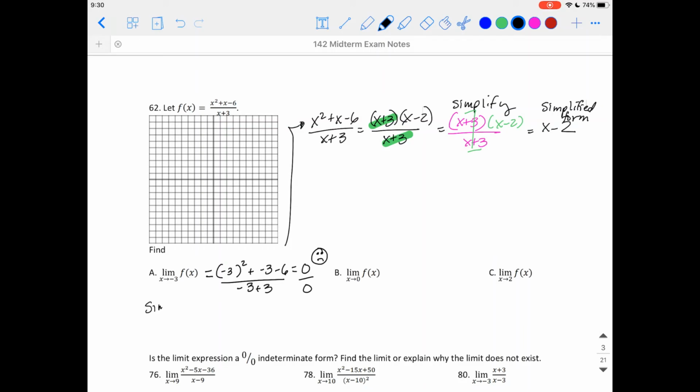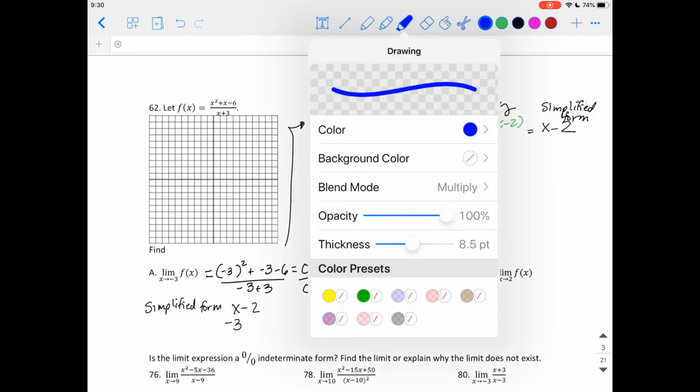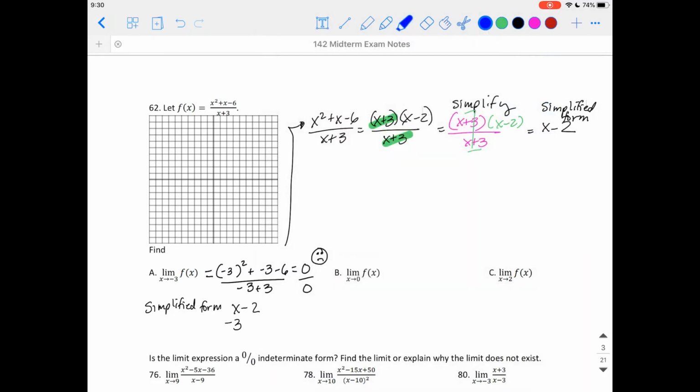So I'm going to put the simplified form for x minus 2, and x is going to be negative 3. And again, where did I get the negative 3? Hang tight. This negative 3 is that negative 3.